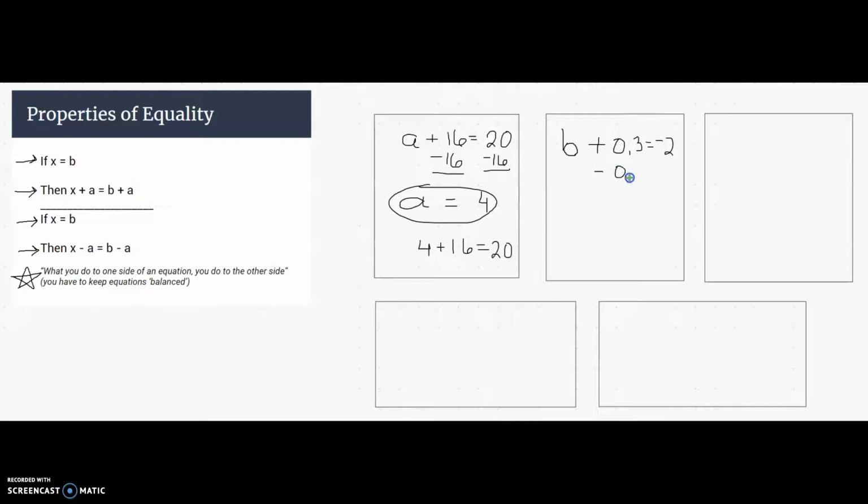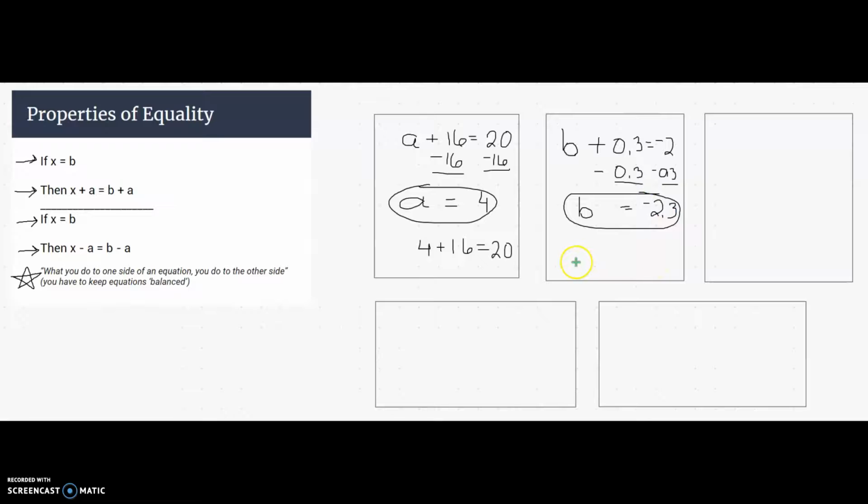So I'm going to take away 0.3 from both sides. So then I need to figure out negative 2 minus 0.3, and that is negative 2.3. The signs are the same, so I keep the sign, add them, and my answer comes out to be negative 2.3.